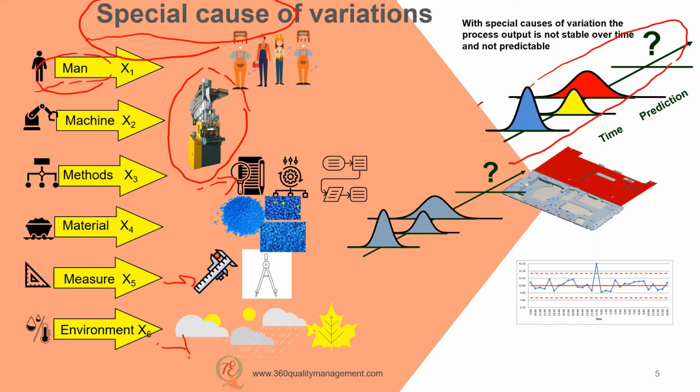Therefore, you will also produce an output with special cause variations, where there could be spikes or changes that are not predictable. If this happens, most of these types of variations actually happen to one or maybe two process inputs.